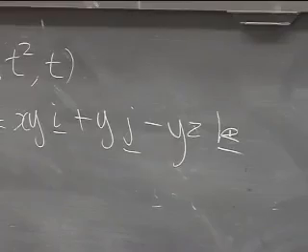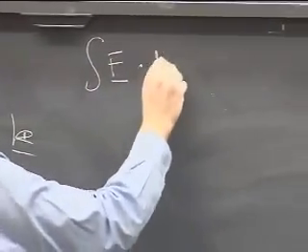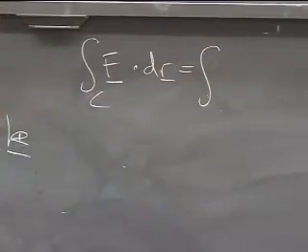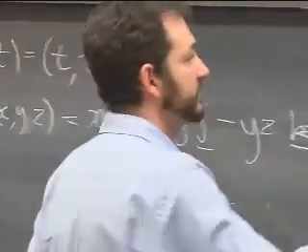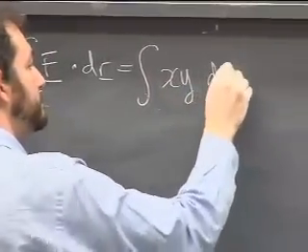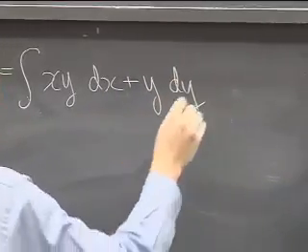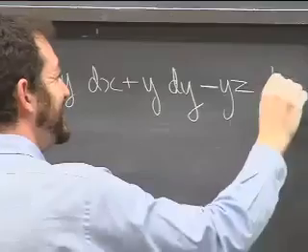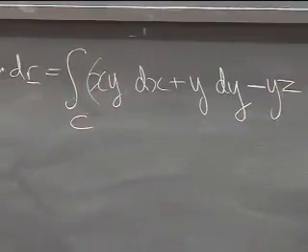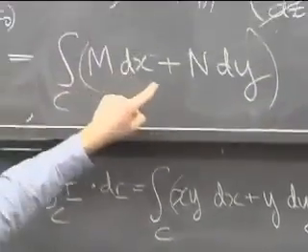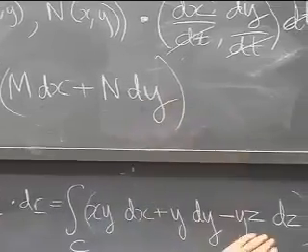All right, so one way of writing f dot dr along this contour is xy dx plus y dy minus yz dz. Okay, that's a generalization of this, where I have m dx plus n dy plus p dz. Well, here's the dz part.